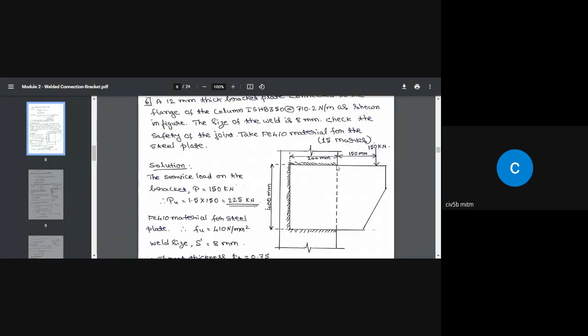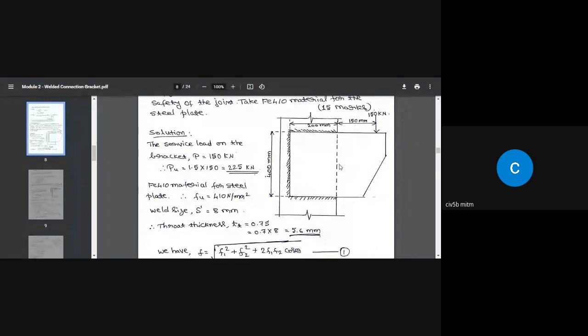That is going to be subjected to the maximum shear stress. We have to check the actual shear stress developed and make sure that value is less than the design strength FWD of the weld. Once the maximum shear stress is less than FWD, we can say the joint is safe.